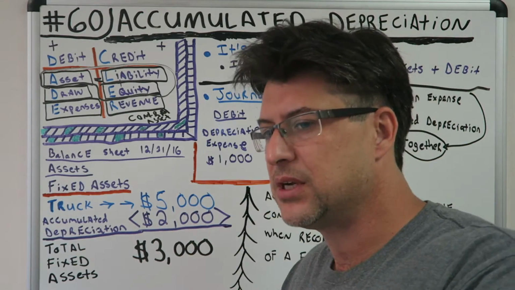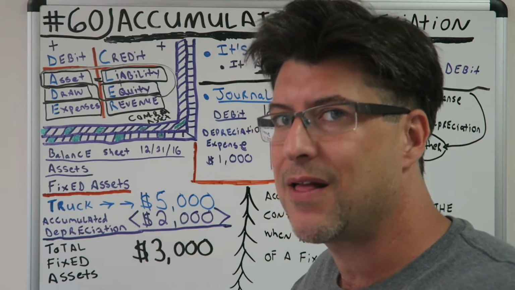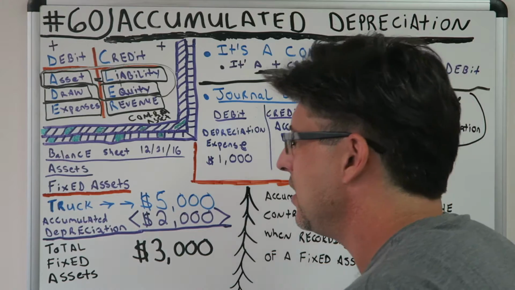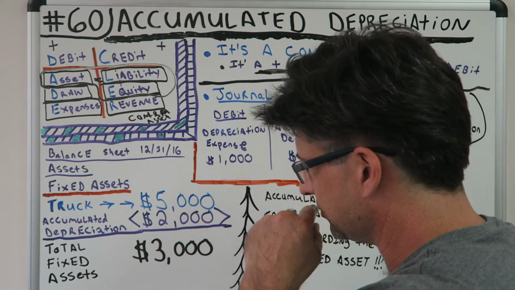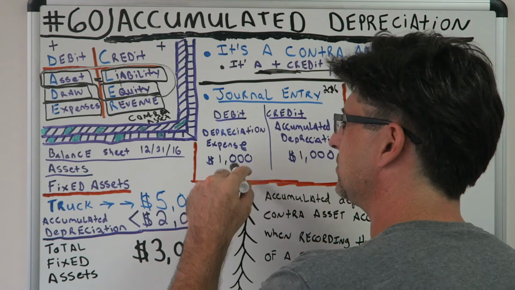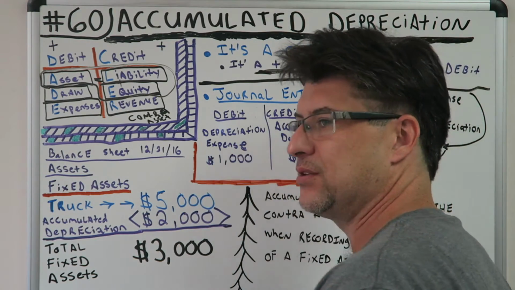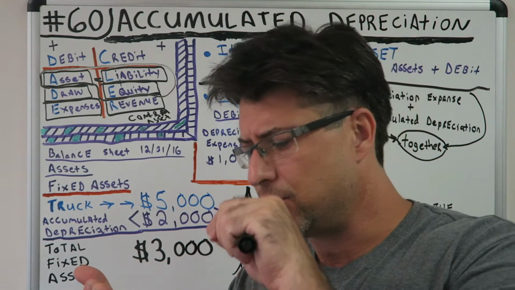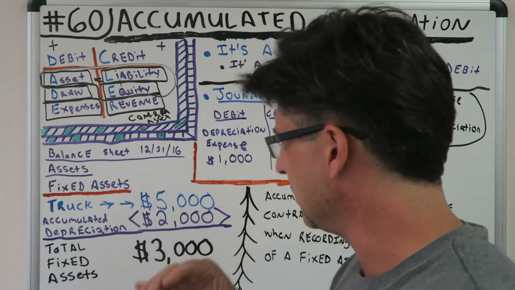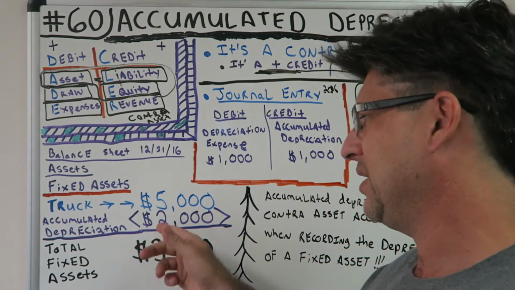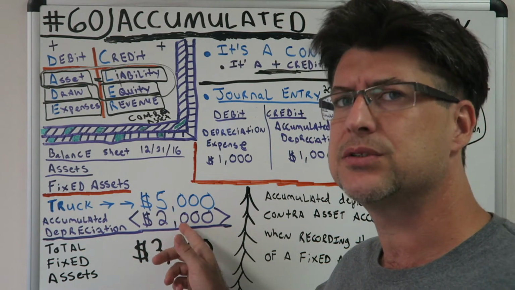you'd be thinking that this truck was probably not bought during this year, because the depreciation expense this year was $1,000. You'd look right under the balance sheet at the income statement, see what the depreciation expense was for this year. It was only $1,000. Why is accumulated depreciation $2,000?